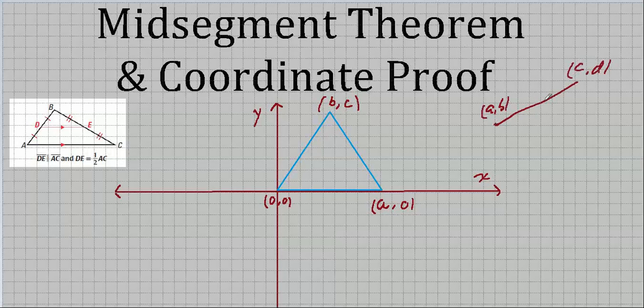We found the midpoint by taking basically the average of the two coordinates. For instance, the x-coordinate of the midpoint was (A plus C) divided by 2, and the y-coordinate was (B plus D) divided by 2.